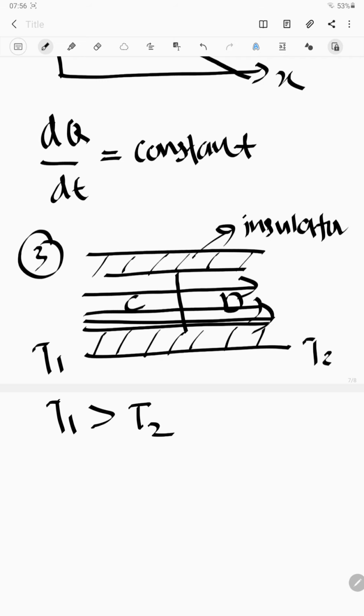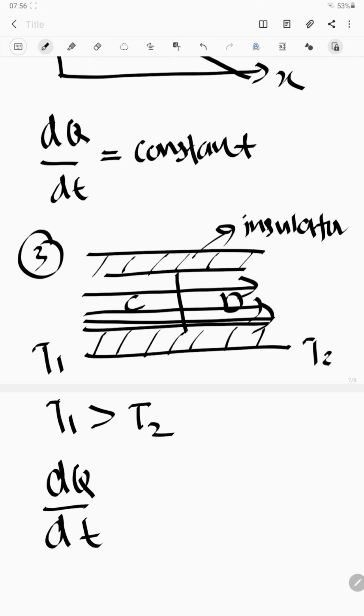Okay, when steady state is achieved, the rate of heat flow through both materials is the same.